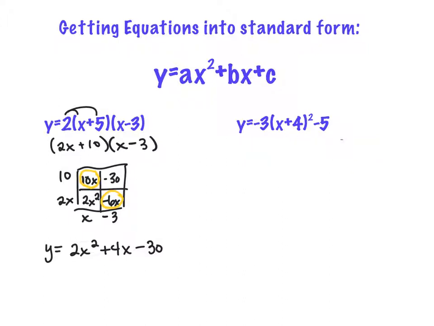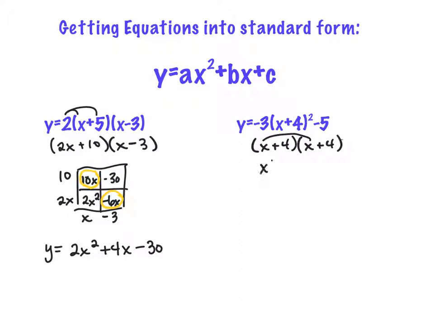So what we have to do instead is take x plus 4 times x plus 4. When I do that, I can use either the area model or the FOIL method. I'm going to go ahead and use the FOIL method.